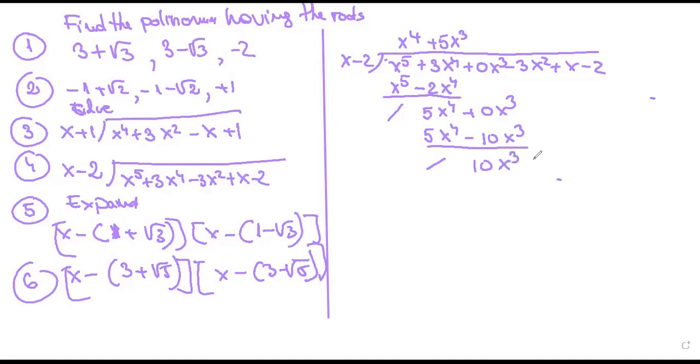Minus 3x to the 2 drops down. 10x to the 3 divided by x becomes 10x squared, times x is 10x to the 3. 10x squared times minus 2 is minus 20x squared. 10x to the 3 cancels out, and then it becomes 17x squared.